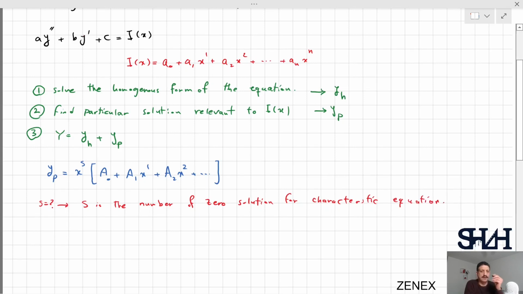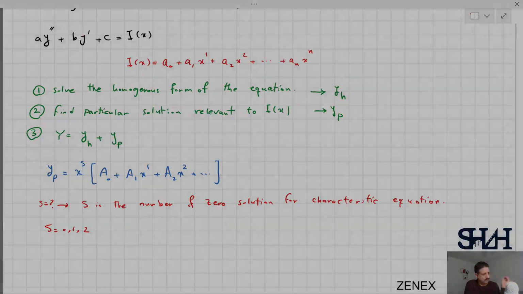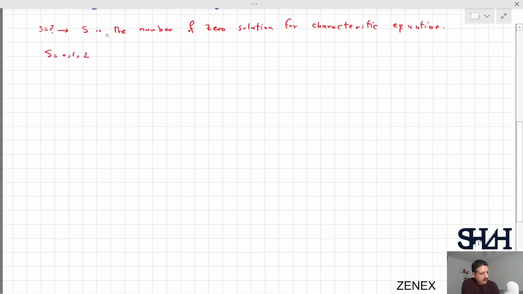For example, in this case, as far as we are dealing with the second order, s can be 0, 1, and 2. Because the maximum number of times r can be 0 is 2, and the minimum is 0. Now, we can have a simple example.